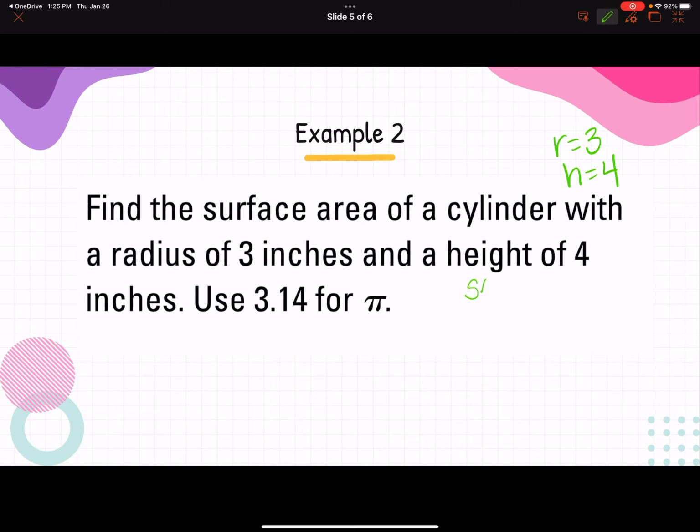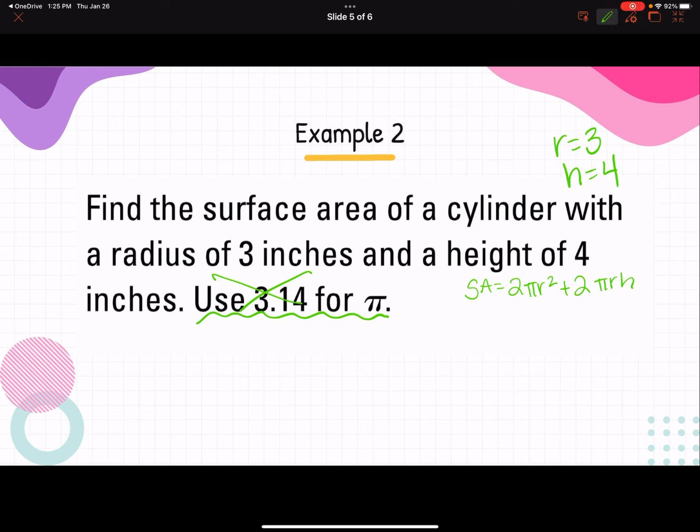So I'm going to put 2 pi r squared plus 2 pi rh. It's telling me to use 3.14 for pi. I am not going to do that just because I have a button for it on my calculator. It is possible that you're going to get to a question on the state test and they're going to say use 3.14 for pi.